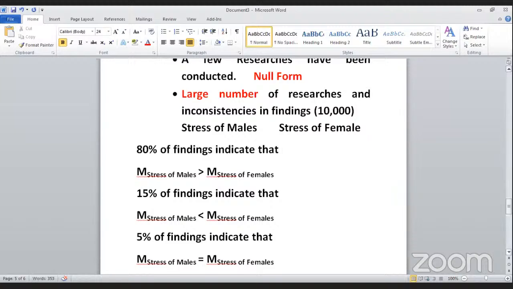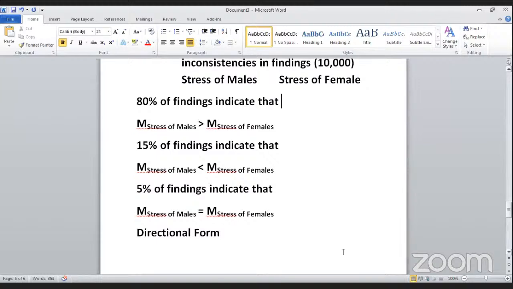Now, in this particular situation, because majority of the researches are pointing a direction, you should formulate the hypothesis in the directional form. So you will formulate the hypothesis in the directional form, provided you have a strong evidence.